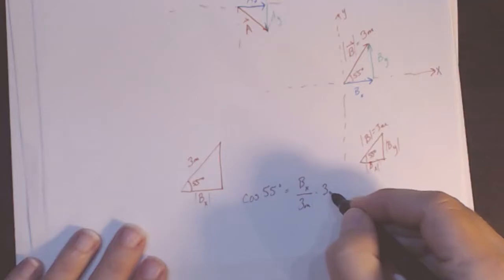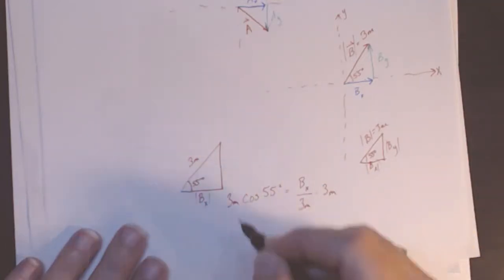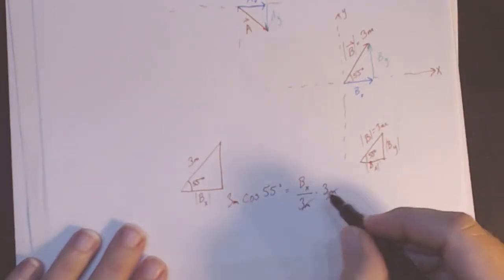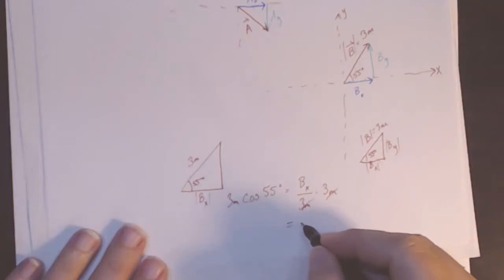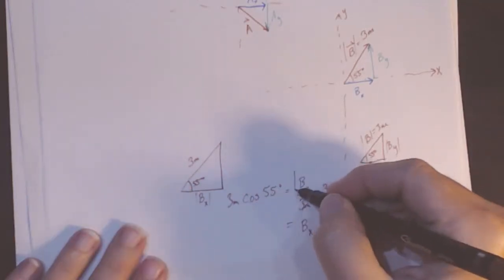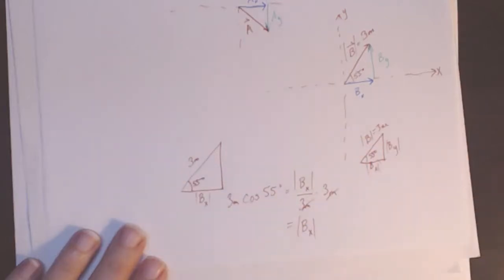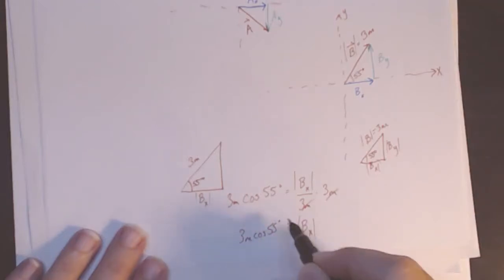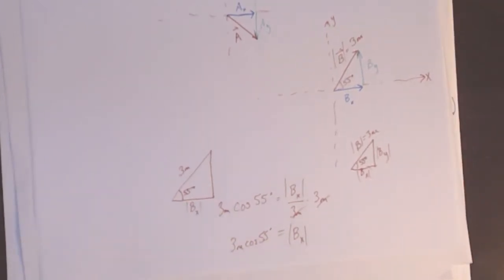This allows me to solve by multiplying both sides by 3 meters to give me the adjacent side length. It's not positive or negative, it's always positive: 3 meters cosine of 55 degrees. I just need to do that calculation.